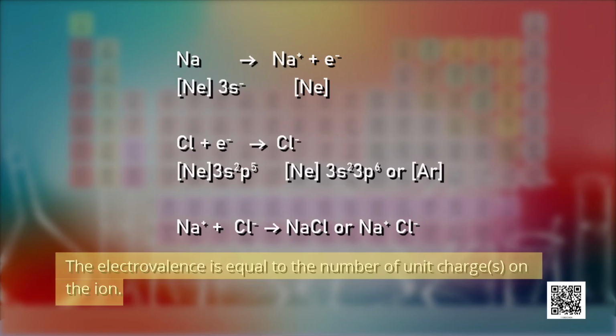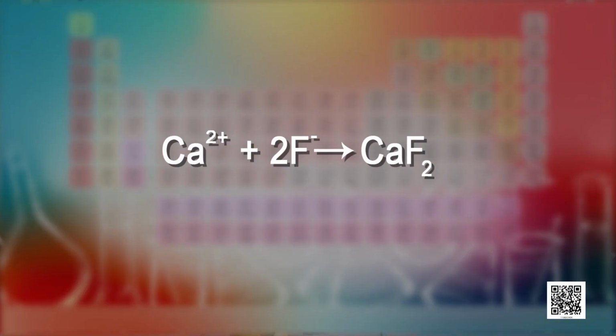Now, the electrovalence, can you define electrovalence? The electrovalence is thus equal to the number of unit charges on the ion. So, similarly, in the formation of CaF2, tell me what electrovalence is assigned to calcium? Yes, a positive electrovalence of 2, while fluorine has a negative electrovalence of 1.